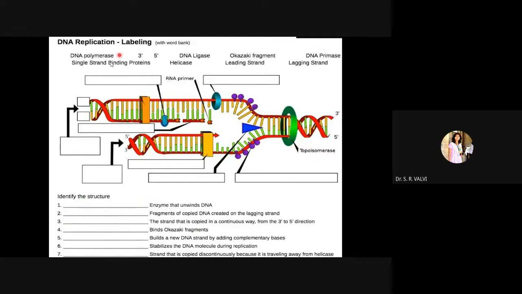All these names I have mentioned on the top side, and you only have to put them in the correct place. Total 7. Even the fill in the blanks I have given, so you have to fill those as well as the empty boxes. This assignment will be for 5 marks, right?